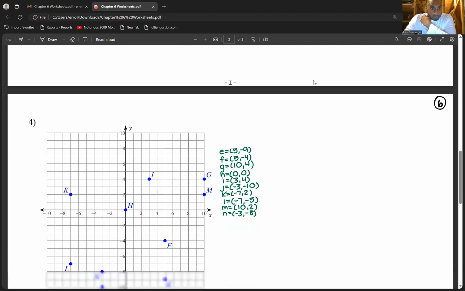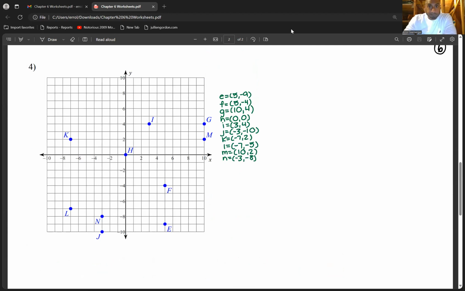Okay, so same thing with 4. Let's check. (5, -9), this one's good. (5, -4), F is good.